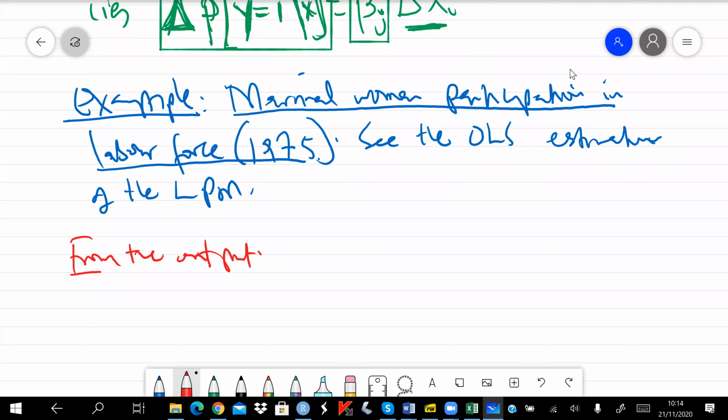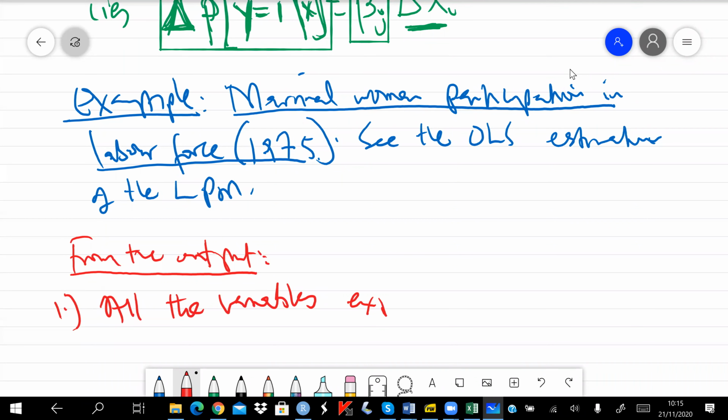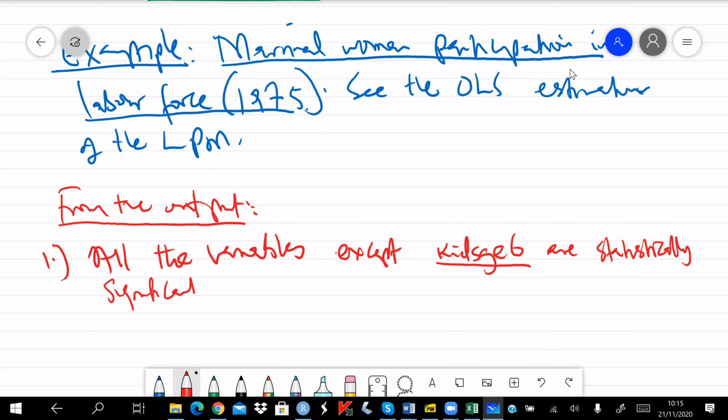I want us to write it down. So from the given output, we observe the following. Number one is that all the variables except the last one there, except the variable we are calling kids GE6, are statistically significant with signs as expected.